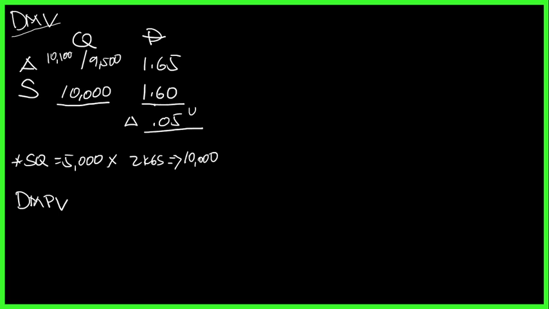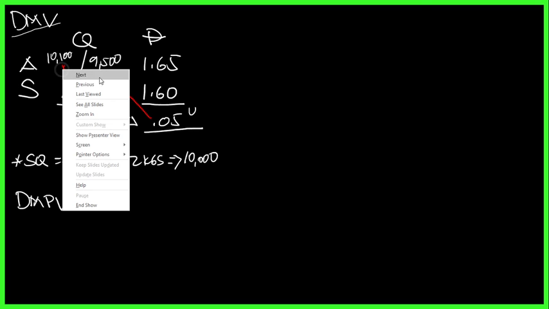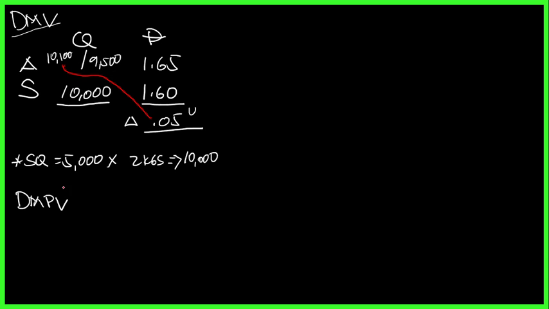We overspent. So we multiply that with your actual quantity purchased, because this is your price variance. So this is now 10,100 times 0.05. So what is 10,100 times 0.05? That's 505.